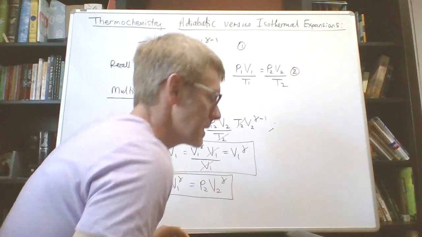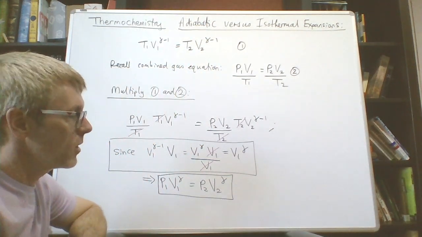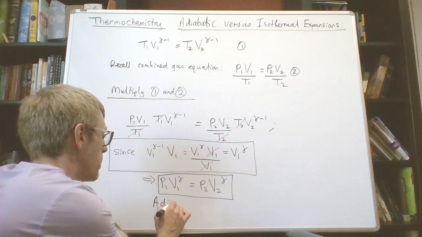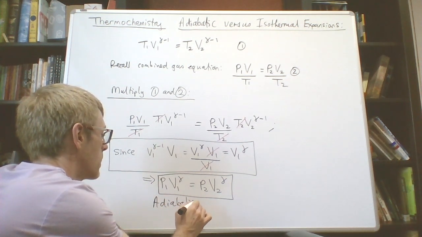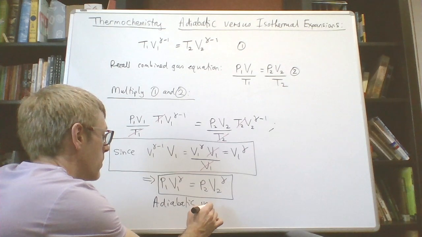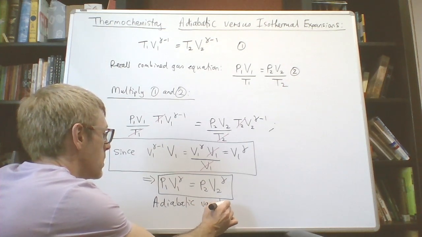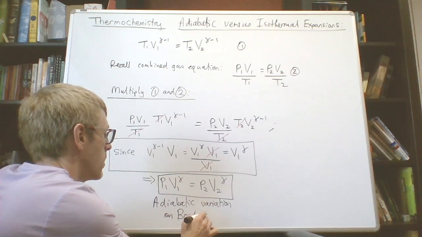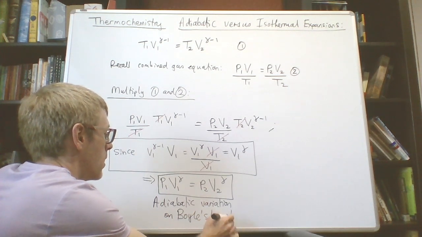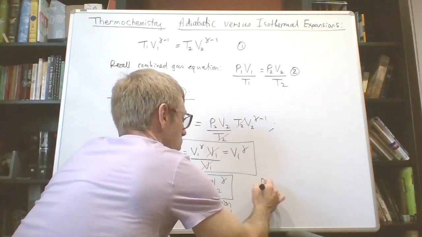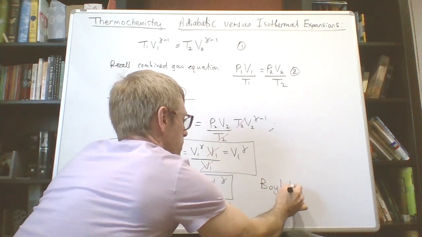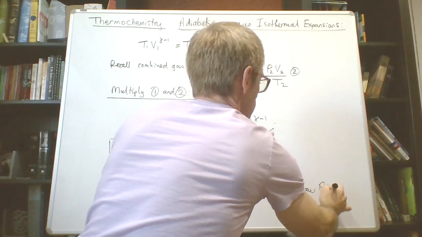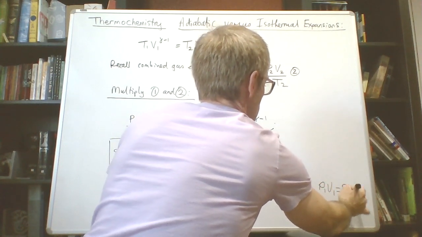Notice that's an adiabatic variation on Boyle's law. Remember, Boyle's law just said that P1 V1 is P2 V2.